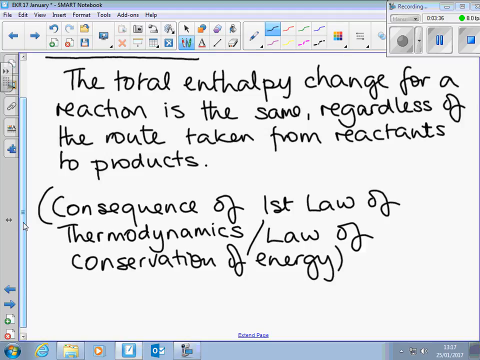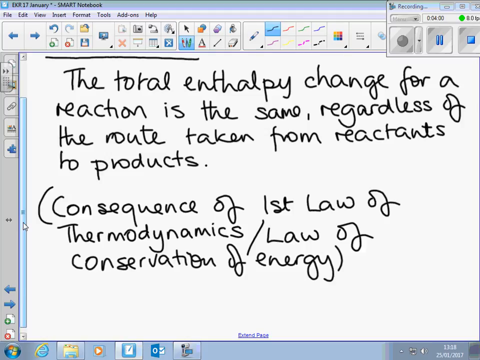Well, why not? You're going to look at two reactions, one involving sodium hydrogen carbonate and another involving sodium carbonate, in order to work out the energy that would be needed to convert sodium hydrogen carbonate into sodium carbonate.